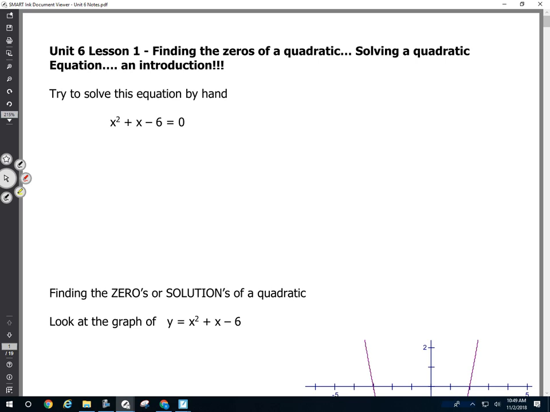Some of you will be like, I know how to do this. Some of you may not. Give it a shot. Solve x squared plus x minus 6. It's an equation, right? So we try to get x by itself.